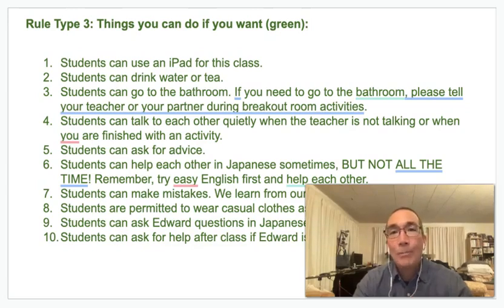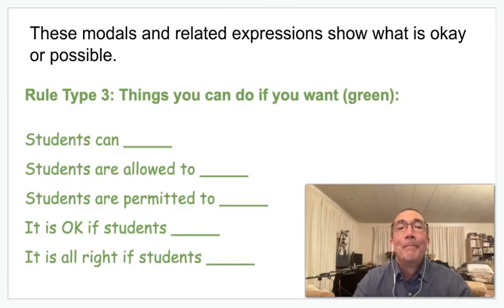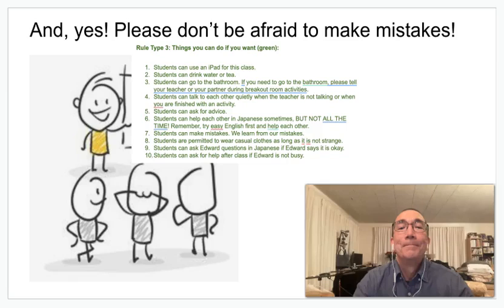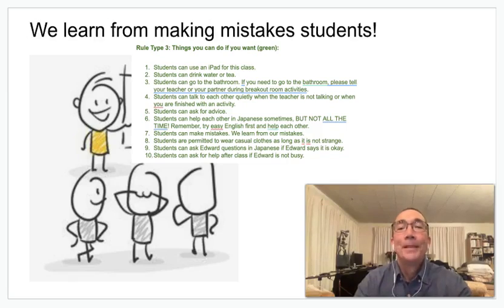I always learn from my mistakes. These modals and related expressions show what is okay or possible. And yes, please don't be afraid to make mistakes. I always make mistakes, and I always learn from them. We learn from making mistakes, students.